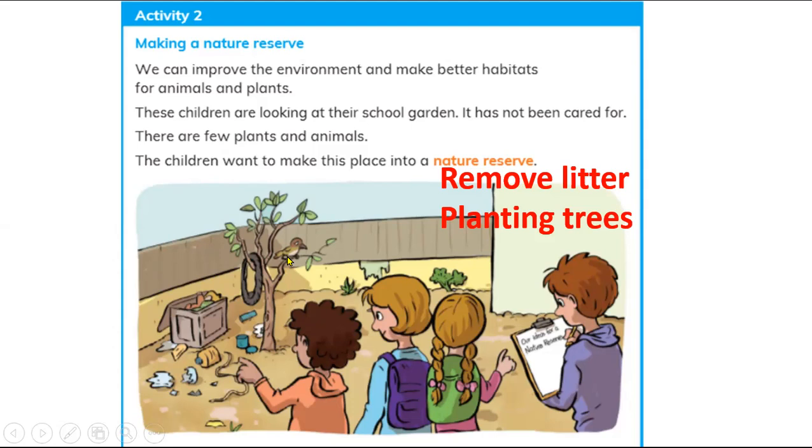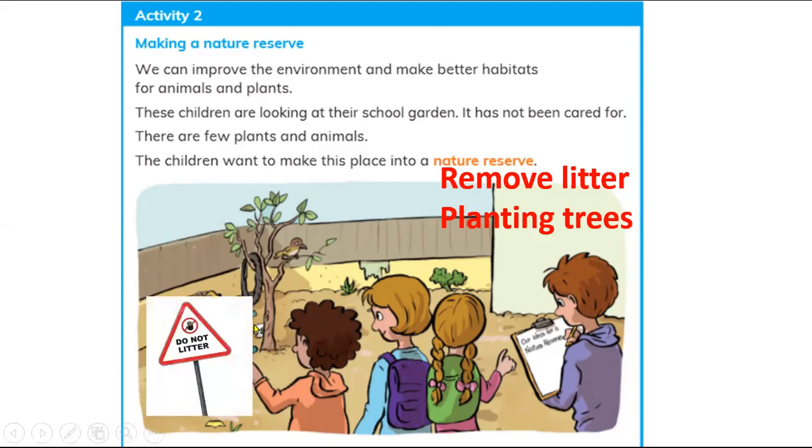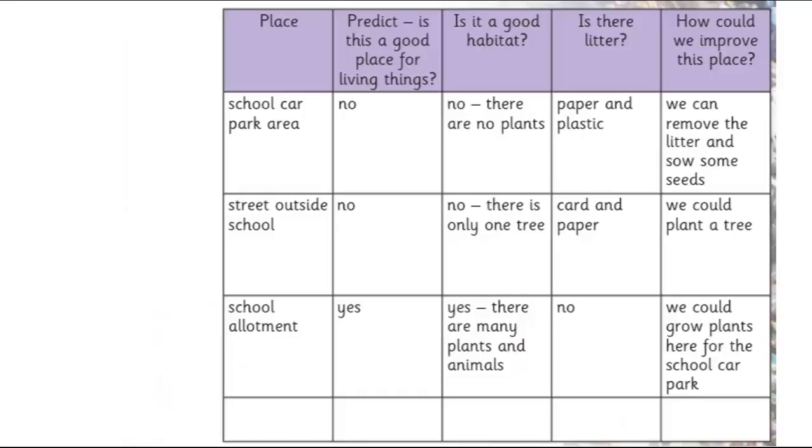They can feel safe, right? Or you can use a signboard where it is written do not litter here, right? So people will not make litter in your yard. So planting trees, removing litter and adding a signboard help to remove and stop littering.